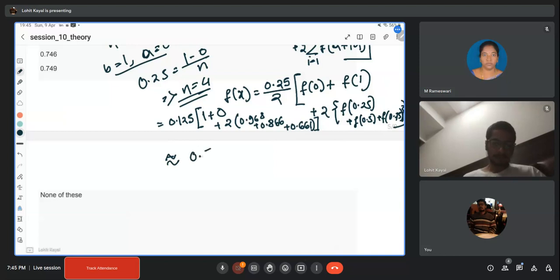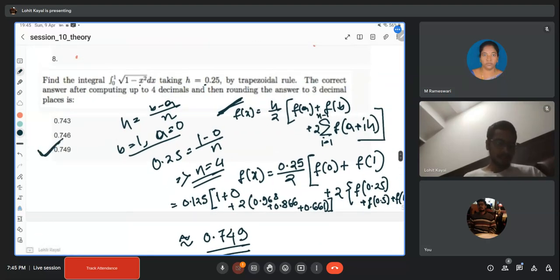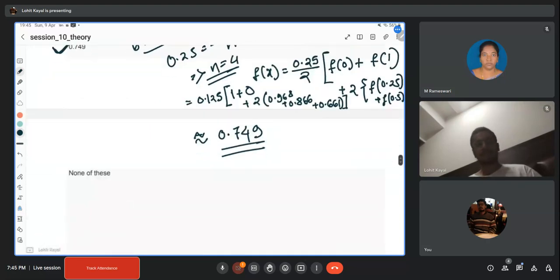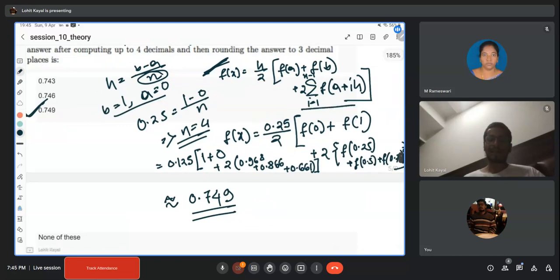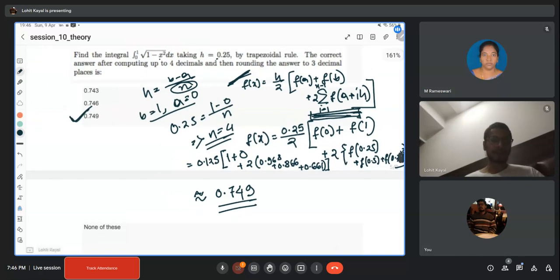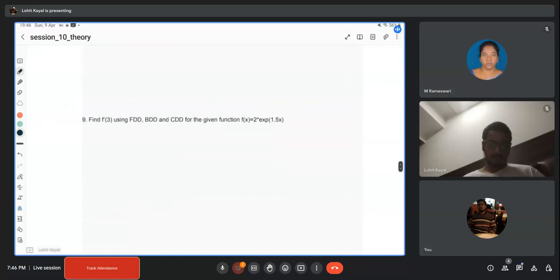It will be 0.749 if you do the calculation. So option C is the correct answer. Okay, just a straightforward calculation using the trapezoidal rule. Just calculate the number of segments that is present, so you will get an idea of how many summations need to occur, and you are ready for the solution.